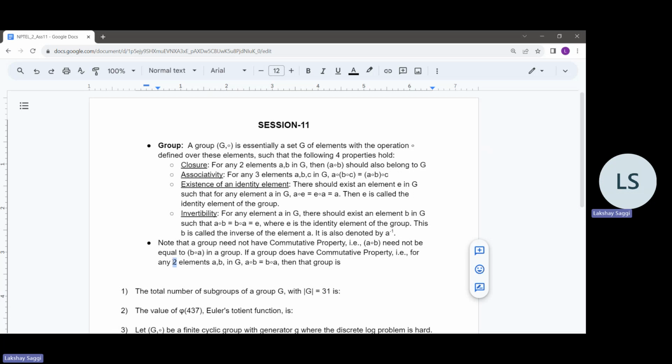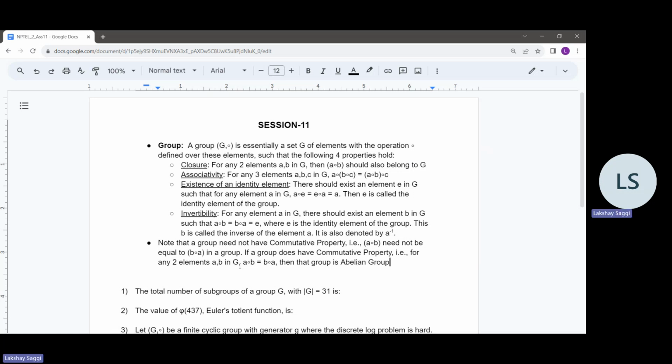So basically, any two elements of G, like A and B, can be equal also, or any pair of elements basically. If A∘B is equal to B∘A, then that group is called an abelian group.